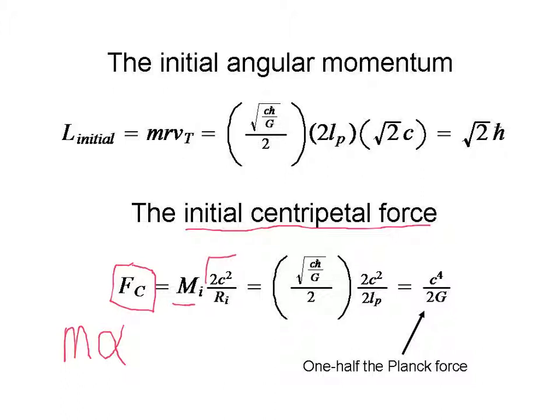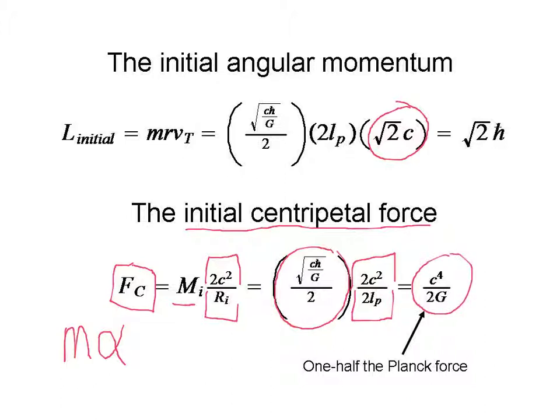Acceleration is v squared, which is the square root of 2 c, squared, so we get 2c squared, divided by the initial radius, and so we get the Planck mass divided by 2, our initial mass, times 2c squared over 2 l sub p, and this works out to be c to the 4th divided by 2G. And you'll notice that this value here is 1/2 the Planck force. This is the initial Planck force.